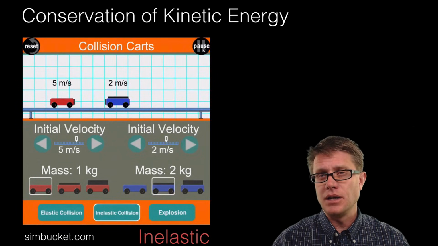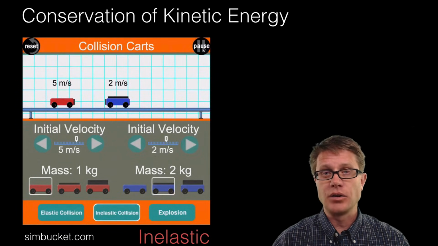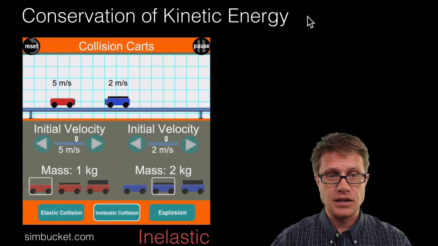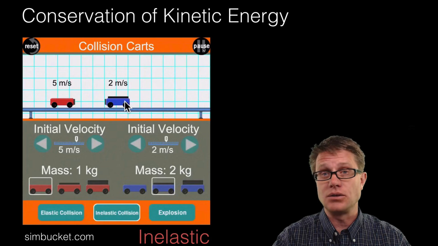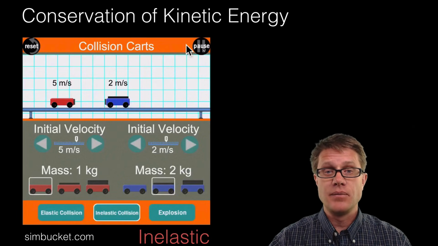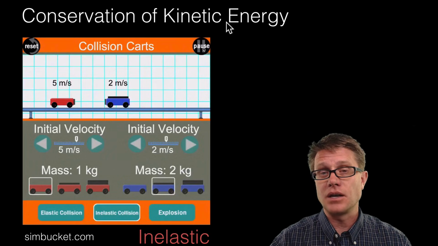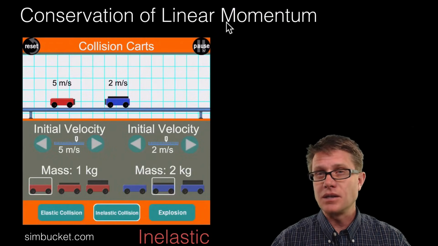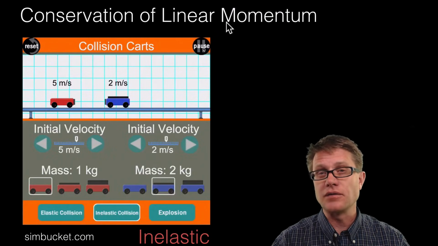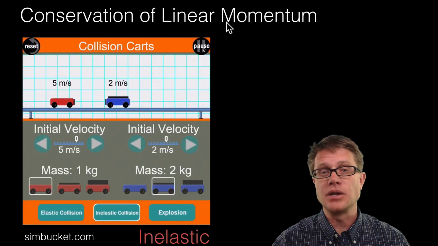But let's say we deal with an inelastic collision. Remember, in this case, let's say it's completely inelastic. These two carts are going to become connected to each other when they collide. Then this formula, conservation of kinetic energy, is useless to us. It doesn't help us at all. But what's neat is since they have a shared velocity after they collide, we can use the conservation of linear momentum to figure out where that energy is going.